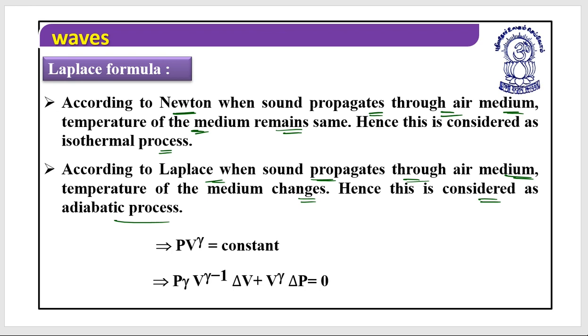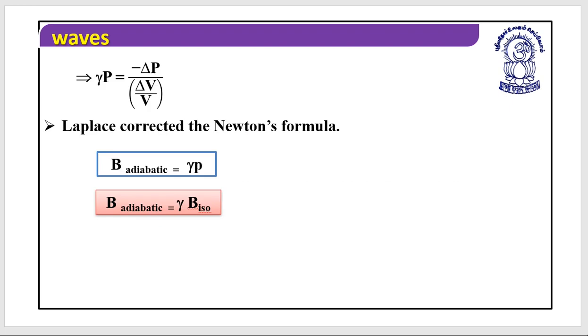sound propagates. So P into V to the power gamma should be equal to a constant. According to the adiabatic process, PV^γ equals constant. If I differentiate this, it is P into γ into V^(γ-1) into ΔV plus V^γ into ΔP equals 0.